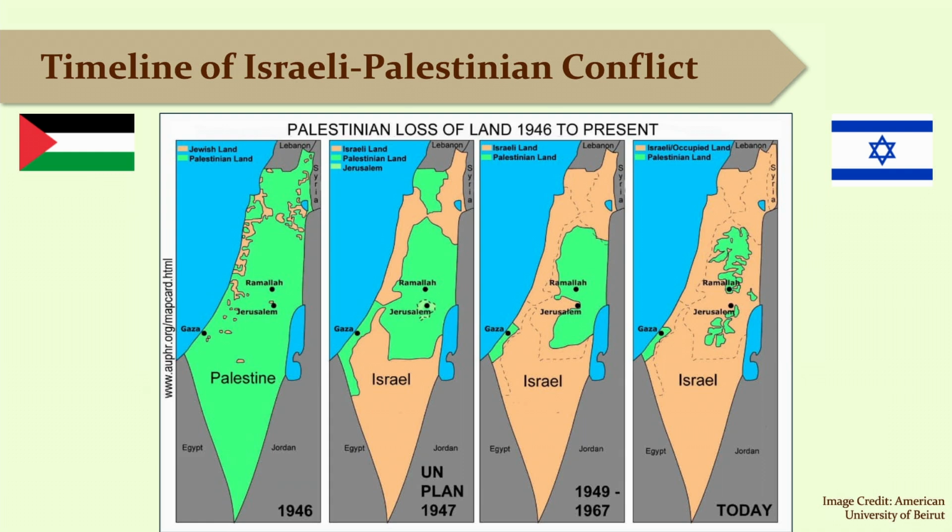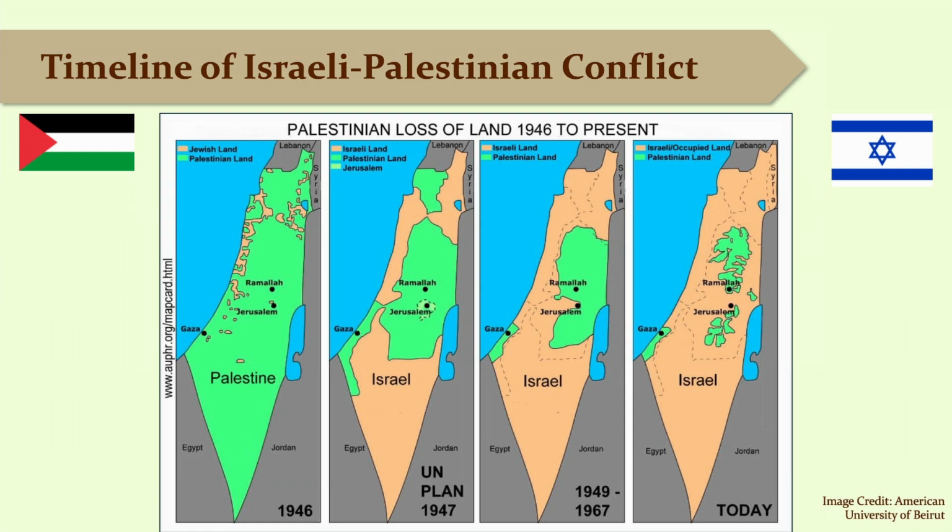And this conflict is very complex, so I could probably spend this entire session trying to explain it. So I will do my best to try and sum it up. And so this figure here shows how the territory has changed over time. So starting around World War II, there were a lot of Jews who began settling in the region to seek asylum, and many of them also came with hopes of beginning a Jewish state.